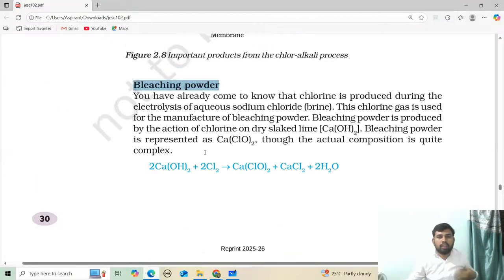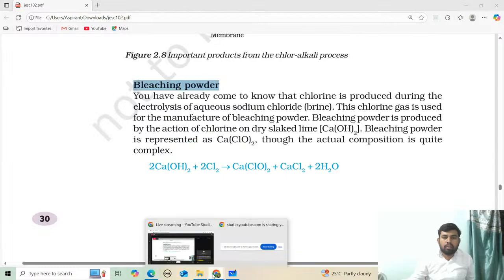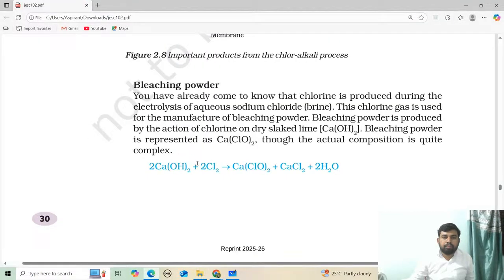Now see here, they given different salts. Let me discuss the beginning of the concept first.